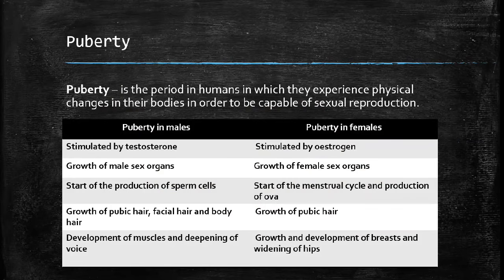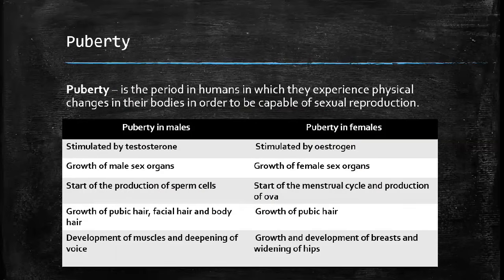Okay, you need to be able to define the terminology puberty. Puberty is the period in humans in which a person experiences physical changes in their bodies in order to be capable of reproducing sexually. Now, puberty in males is different from puberty in females.